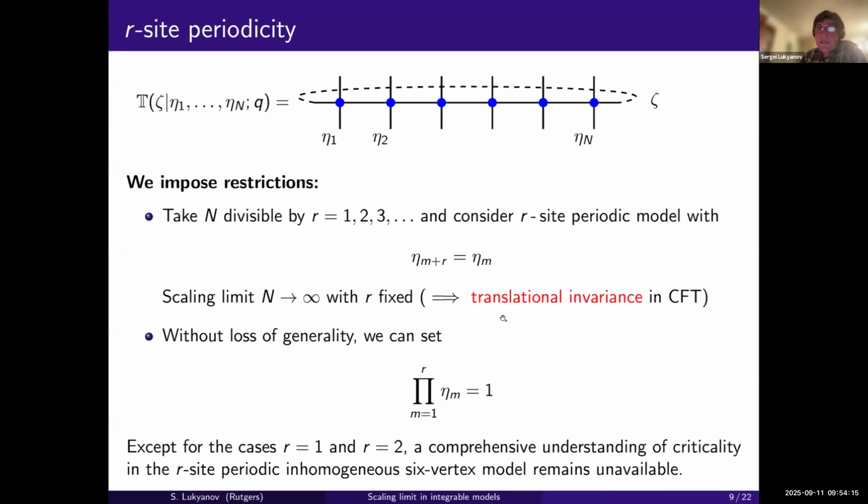Also, since everything depends on the ratio of the parameters, we can always impose some normalization condition. So the number of parameters in the transfer matrix would be R minus 1 inhomogeneity parameters, together with the anisotropy parameter q.